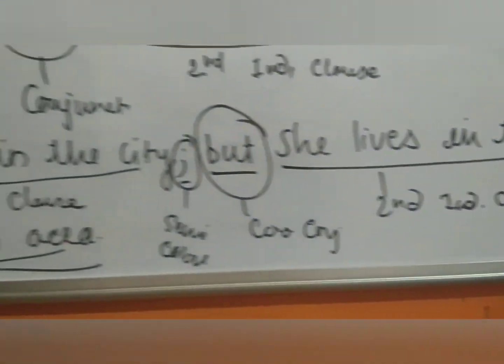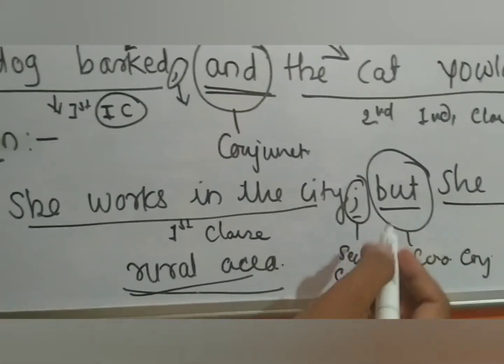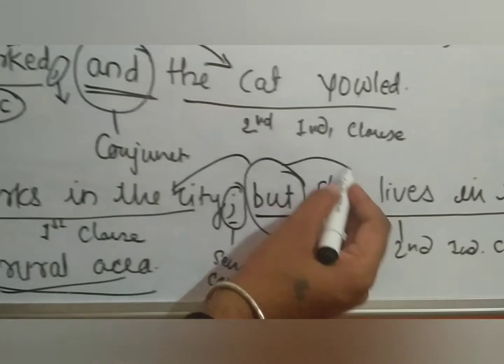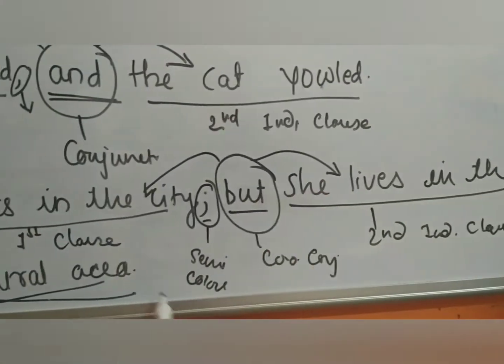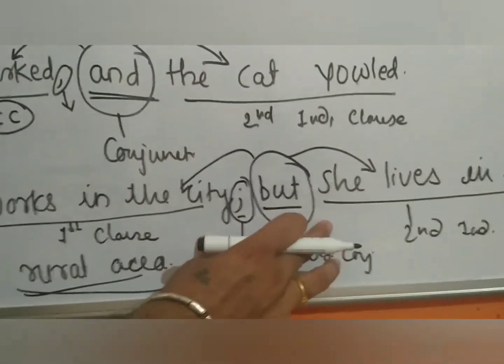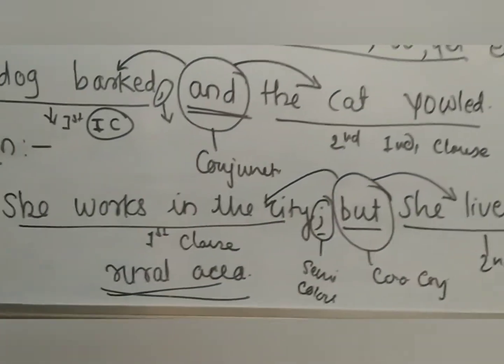Like this we make a compound sentence. Here 'but' joins the first clause and the second clause, and we use a semicolon. This is a proper compound sentence.